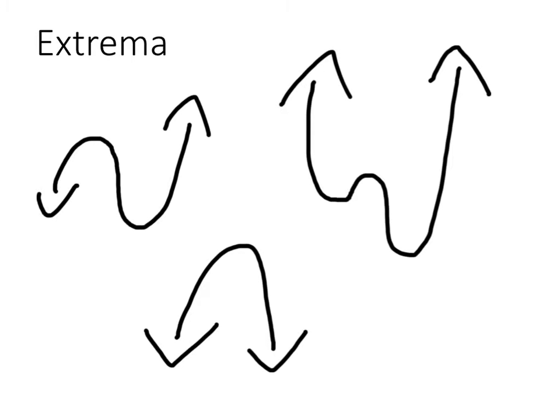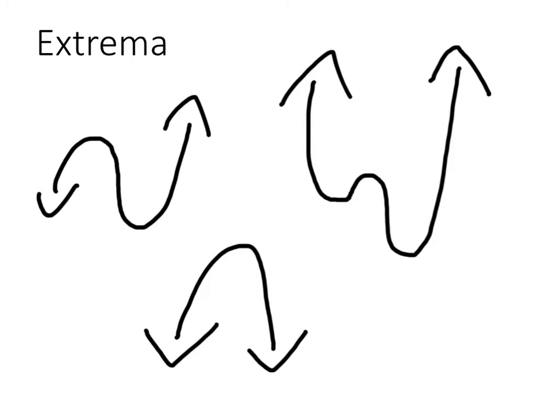The last important thing to consider about polynomial is extrema. An extrema basically looks like a turning point on the graph. Extrema can be classified as maximums or minimums based on whether they are higher or lower than all of the points around them.